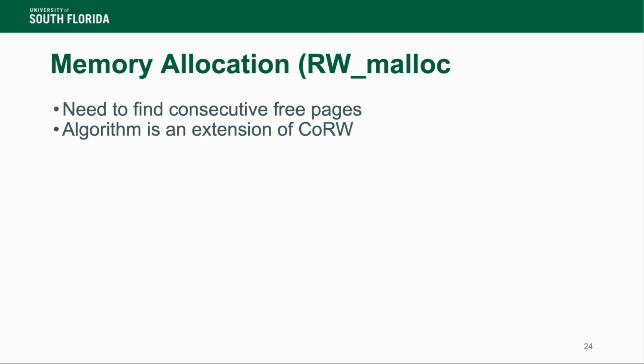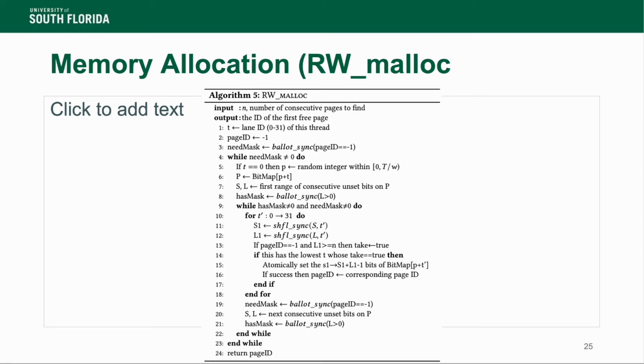So RW_malloc can be viewed as an extension of CORW. However, instead of each thread reading a random word, here we have all threads in the warp read consecutive words to get a large region in the bitmap. And then each thread will scan a small part of the region to find all consecutive unset bits.